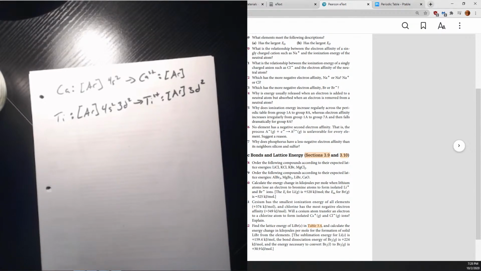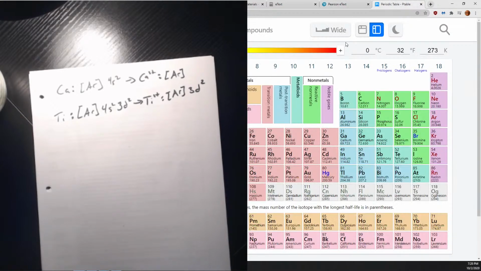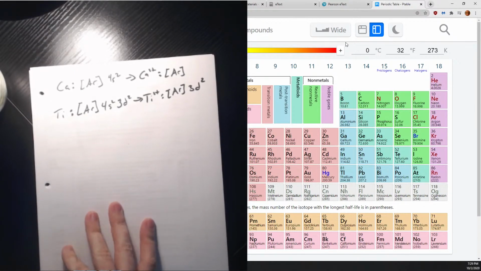This is problem 58. There are 2 elements in the transition metal series, scandium through zinc, that have 4 unpaired electrons in their 2+ ions. Identify them. Oof, that's different. Their 2+ ions have unpaired electrons. Well, regardless, that means they're going to lose their S electrons.